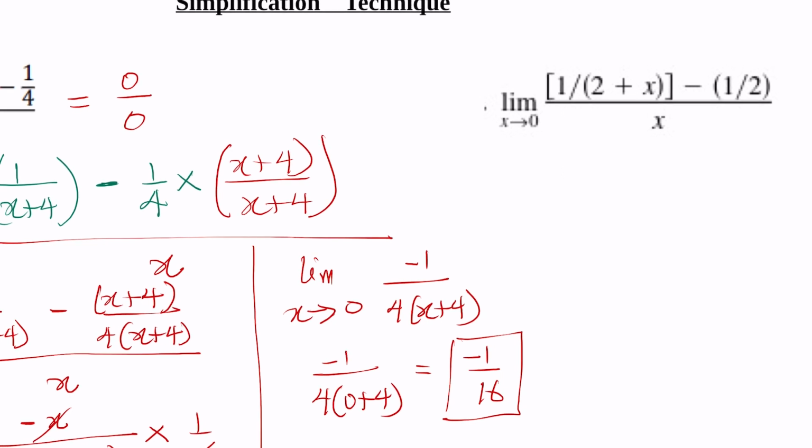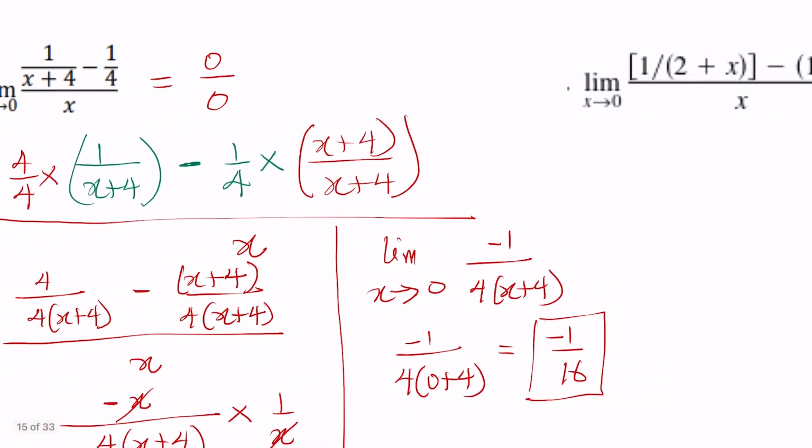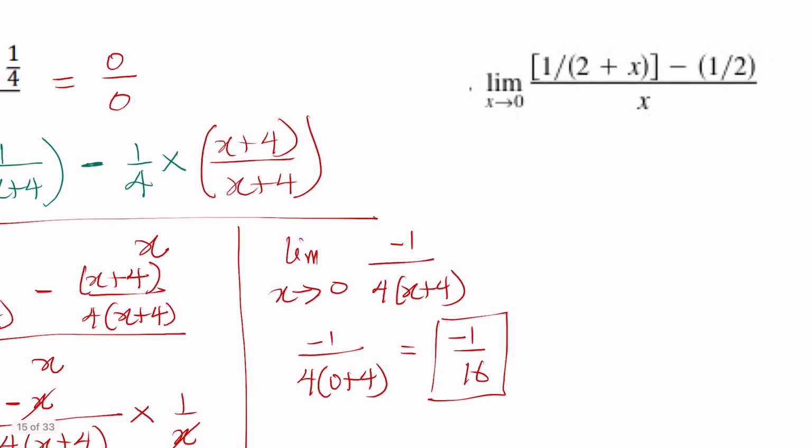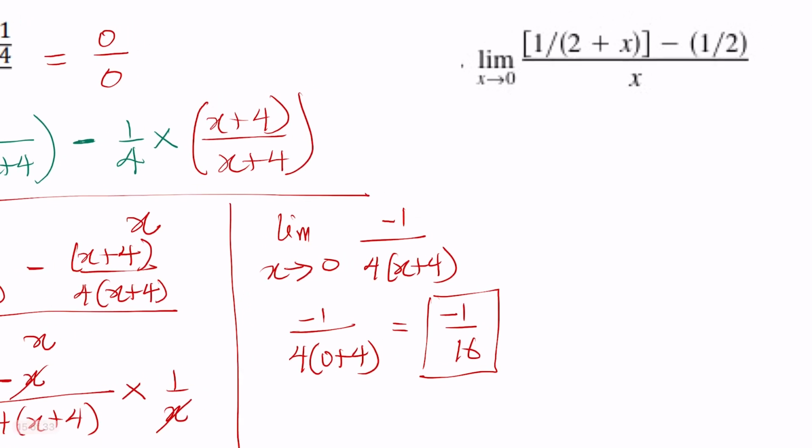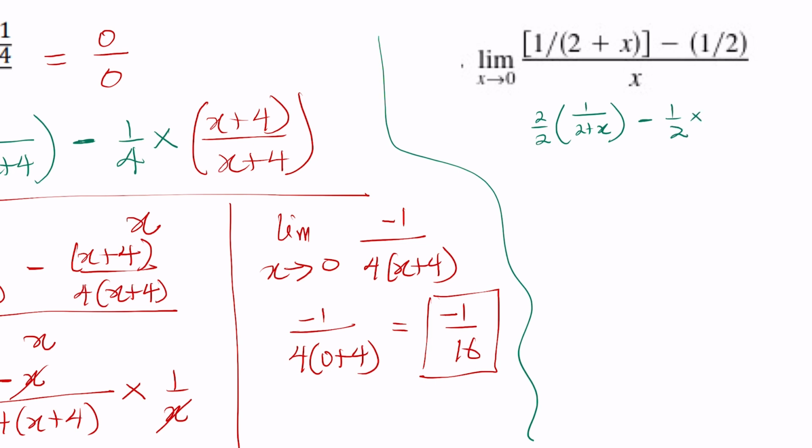In the next example, we're going to apply the same thing. As you can see, they are similar. So in this case, we are going to first simplify before we apply direct substitution. This will give us 2 over 2 times 1 over 2 plus x, minus 1 over 2 times 2 plus x divided by 2 plus x.